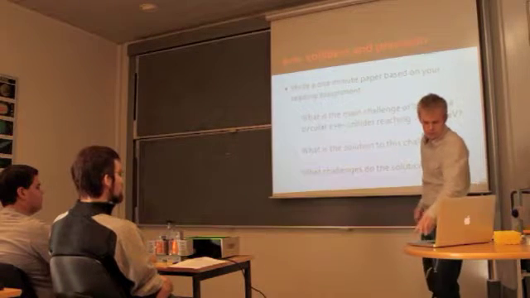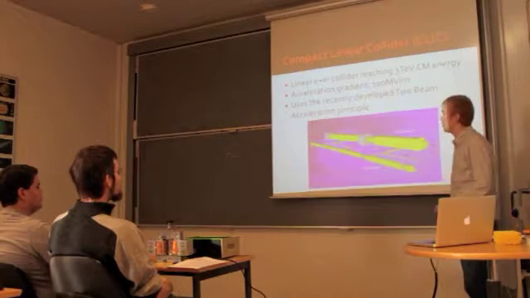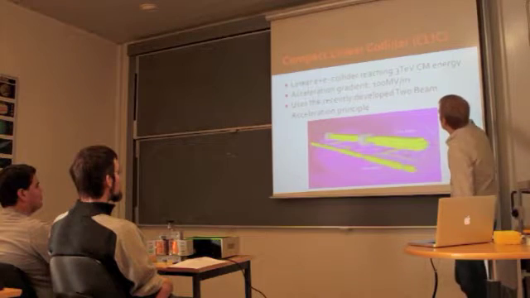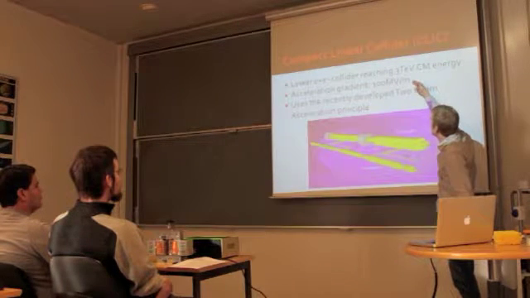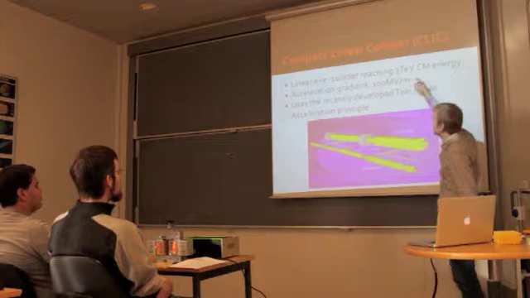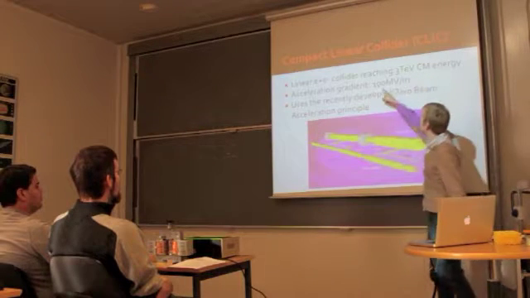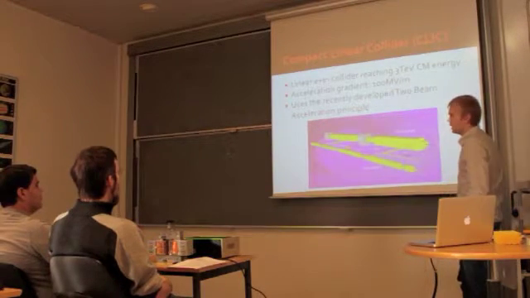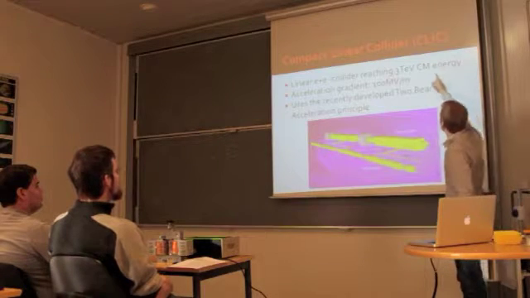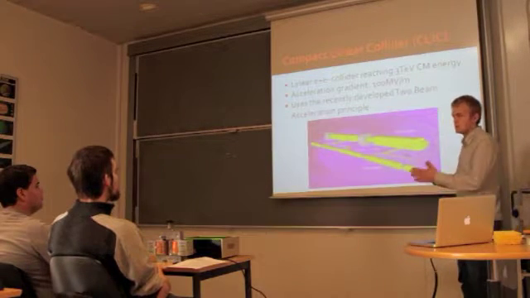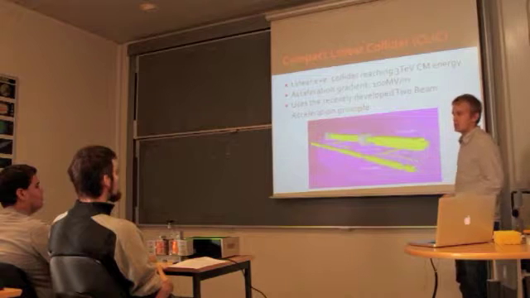That is done, for example, at the Compact Linear Collider, where the nominal acceleration gradient is 100 megavolts per meter, and you'll be able to reach 3 TeV center of mass energy within some 50 kilometers.